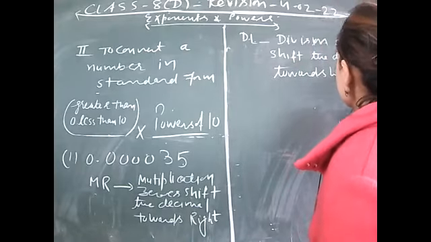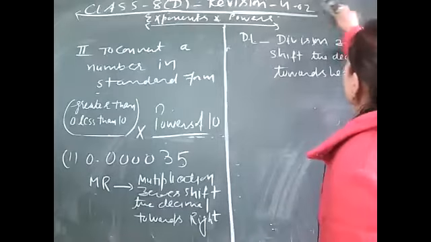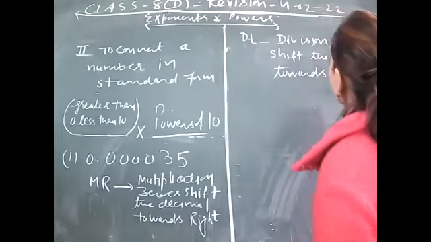Division की zeros decimal को left की तरफ shift करती हैं, and multiplication की zeros decimal को right की तरफ shift करती हैं. So this is our rule to shift the decimal with the help of zeros.